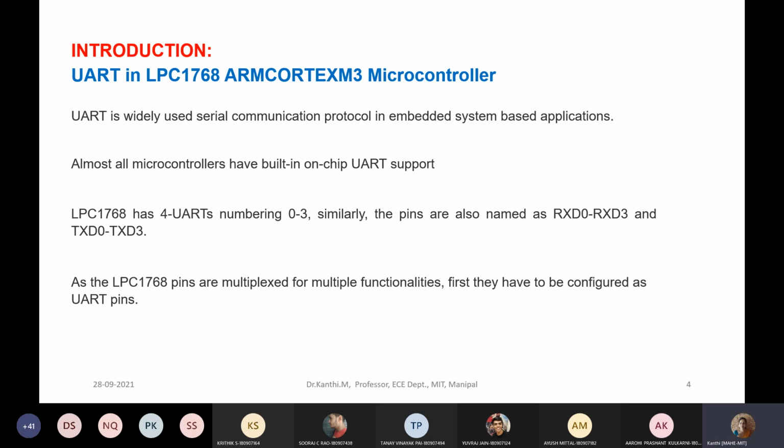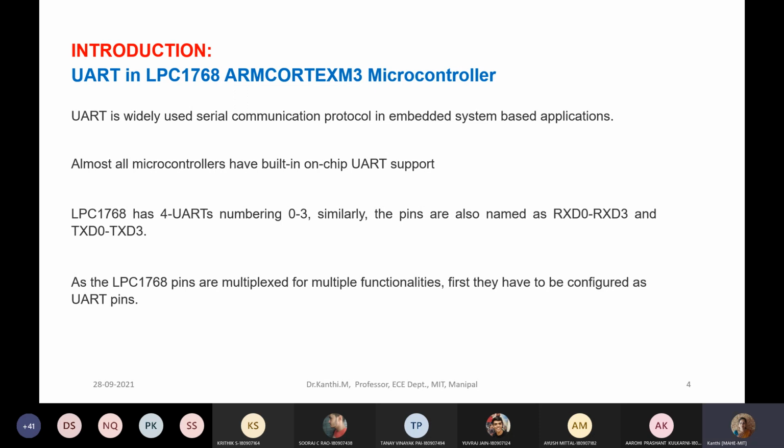UART in the LPC1768. This controller has got 4 UARTs, numbered 0, 1, 2, 3, and the pins are named receive and transmit: RxD0 to RxD3 and TxD0 to TxD3.